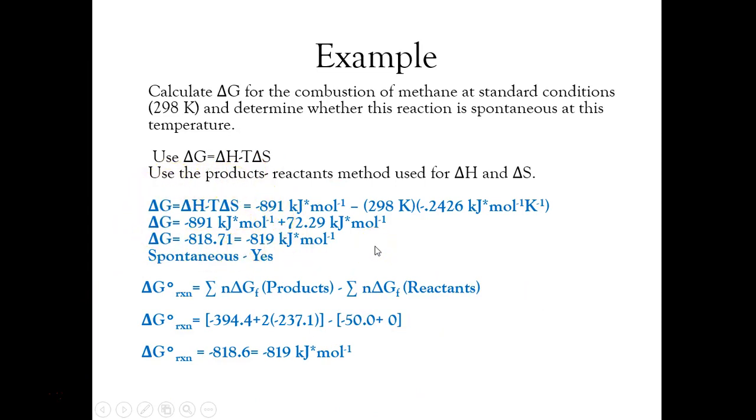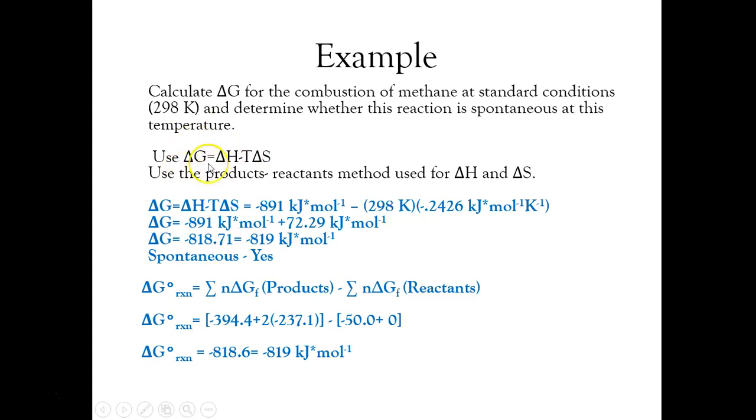Another really cool thing you can do with this equation is figure out the temperature at which something becomes spontaneous. Delta G negative means spontaneous, right? So if I set delta G as 0, that's the point at which it will change from positive to negative.